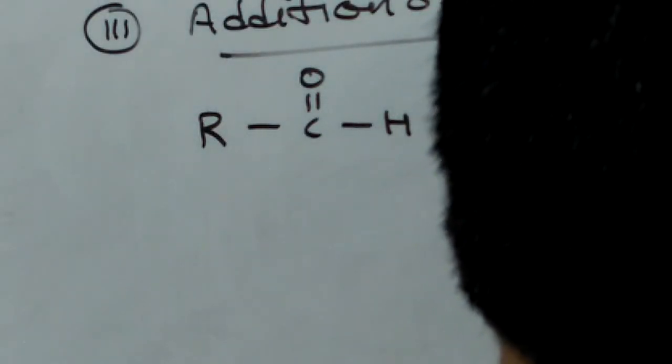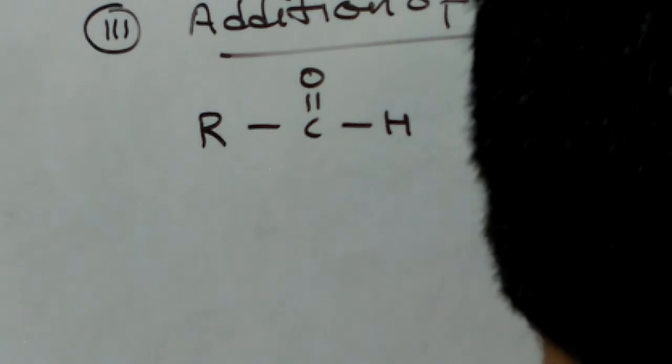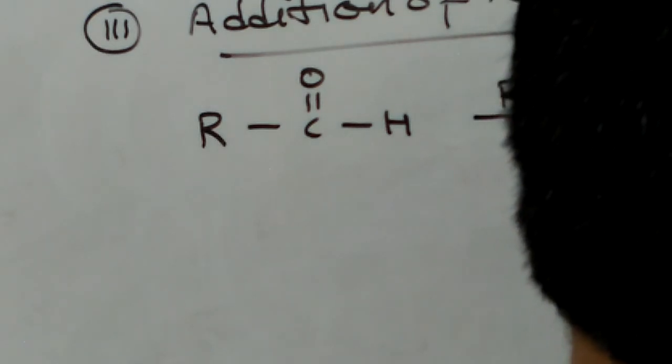H goes to oxygen, the OR group goes to carbon, then it again reacts with alcohol to give you R, C, H, OR, OR. The first product formed is hemiacetal and the final product formed is acetal.